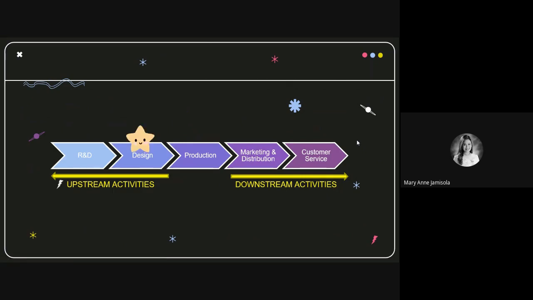So, among these activities, the decision making at the design stage is the most critical part. Although the costs incurred at the design stage may be small in relation to the total costs over the entire life cycle, the design stage decisions are important because they lock in most of the remaining life cycle costs.